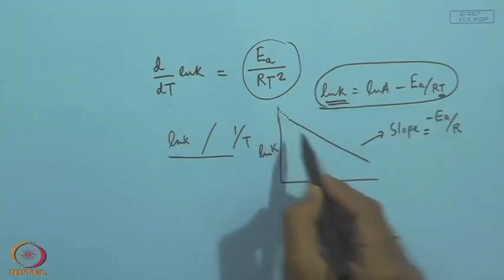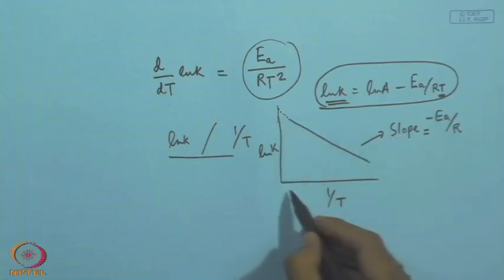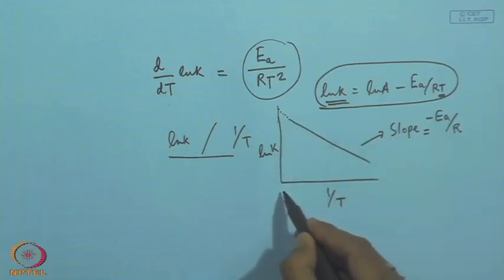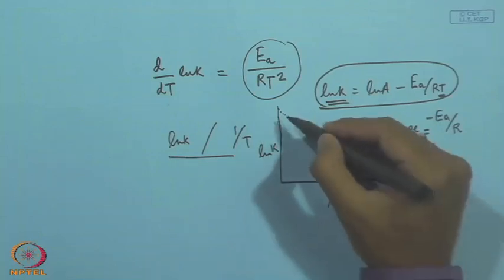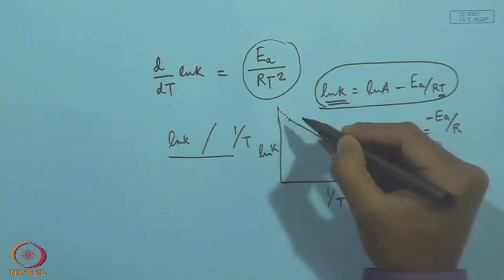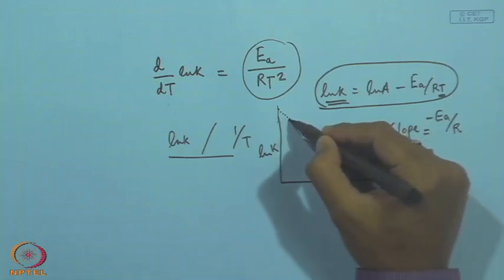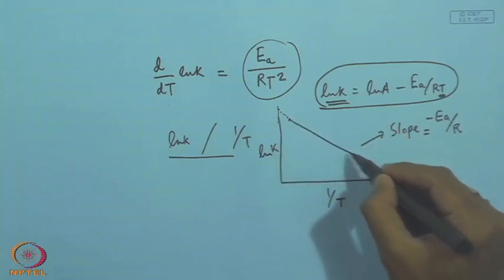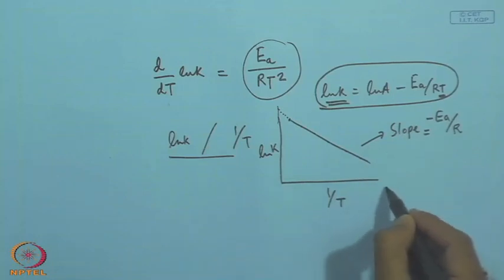The intercept here means 1/T equals 0, which is a huge temperature that you cannot reach experimentally. So, you can go maybe up to a certain temperature, which is the highest temperature at which you can do the experiment in the laboratory. Okay, these are the values corresponding to different temperatures, and on this side the temperature is minimum.